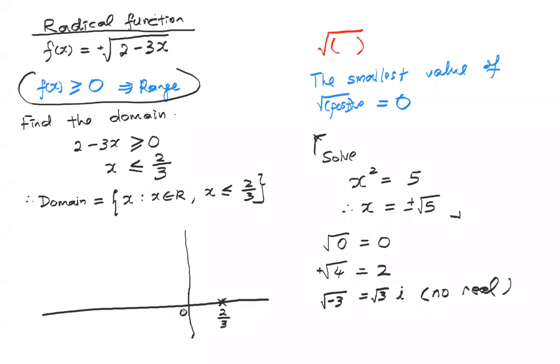And f(x) is always greater than 0. And the y-intercept is √2. Am I right? When x equals 0, my f(0) is equal to the square root of 2 minus 0, which is square root of 2. So the graph goes like that.